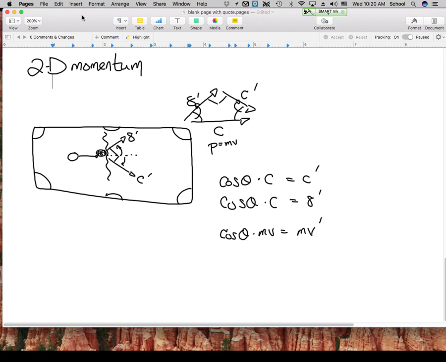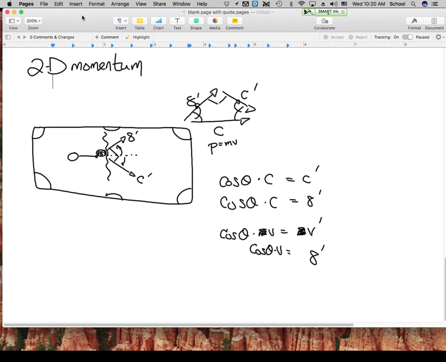But we said that these m's are the same m, so they would cancel out. And it would work the same way for the 8 ball, because it also has the same mass. So really all we have to take is the cosine of the angle times its initial velocity, and that tells us what the speed is going to be afterwards.